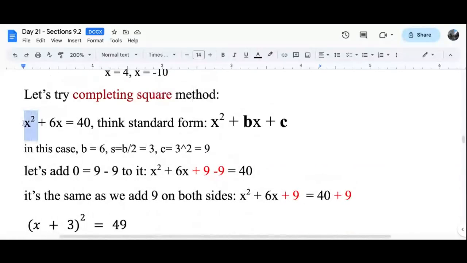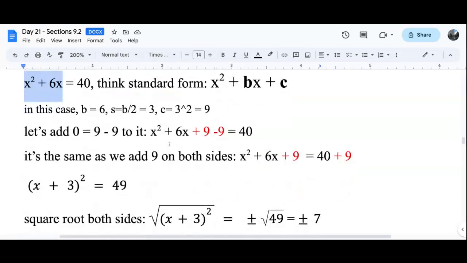So completing the square, we only look at those two terms, x squared plus 6x. Then we divide 6 by 2, so we get 3. That means we want to add 3 squared, subtract 3 squared, right? So we have x squared plus 6x plus 9 minus 9 equals 40. And x squared plus 6x plus 9, we'll move this negative 9 to the other side, that becomes 49, right?